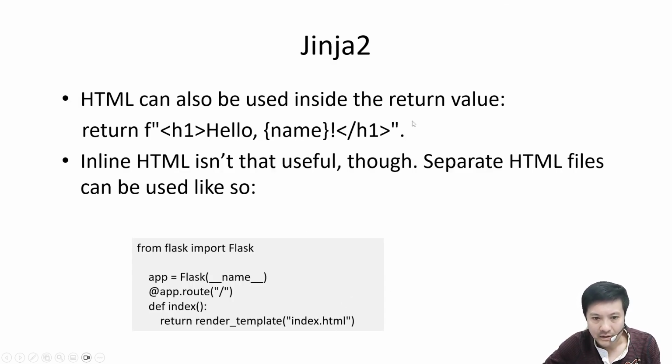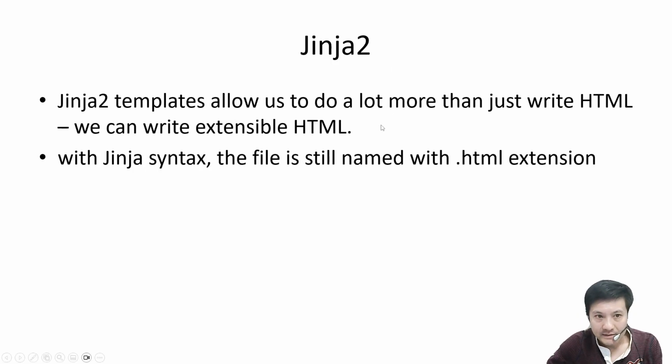And now suppose we can move this one from a string inside our Python code to a template. This is the idea of Jinja 2. And Jinja 2 allows you to have a very natural or simplified way to render your HTML with your data.